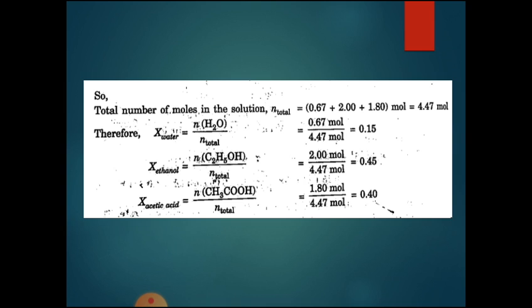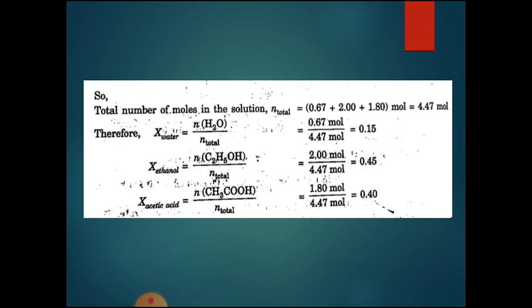Only up to this is what the question asked. Now if you want, you can find the mole fraction of ethanol and also of acetic acid. The same method you have to apply. For ethanol, mole fraction of ethanol is equal to number of moles of ethanol divided by the total number of moles of the solution, which is 2 mole divided by 4.47 mole.